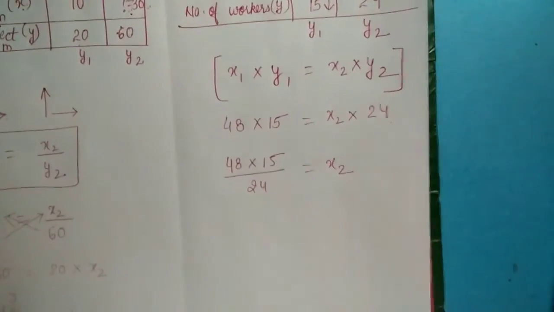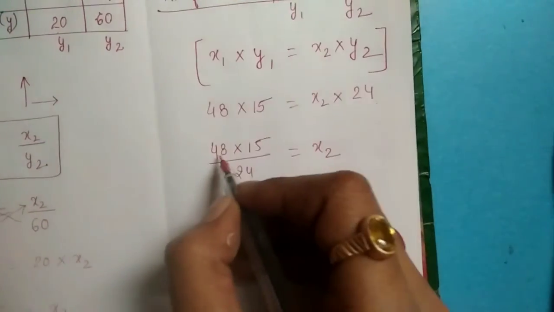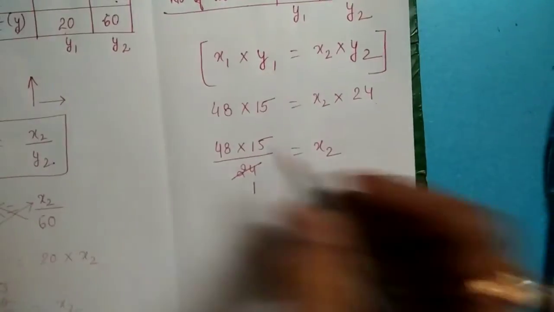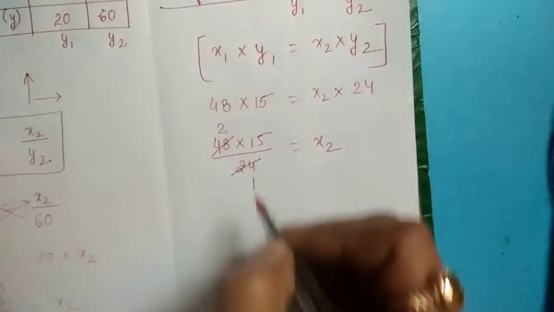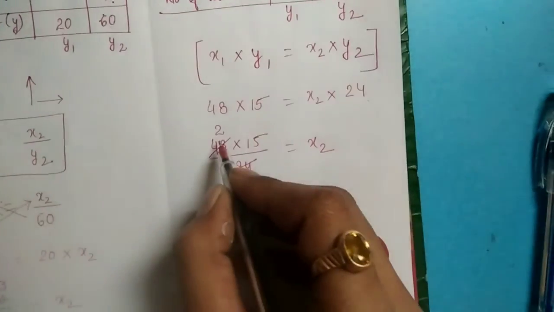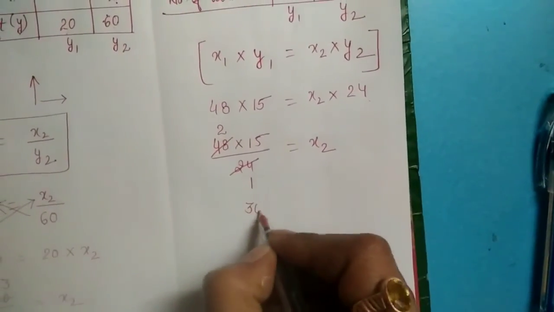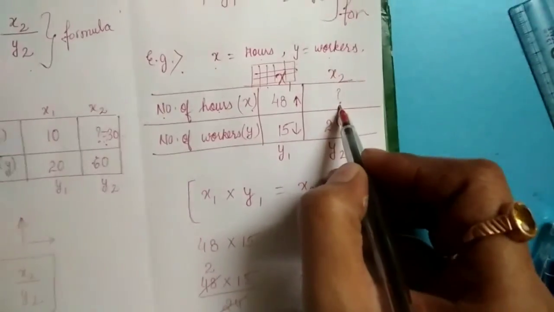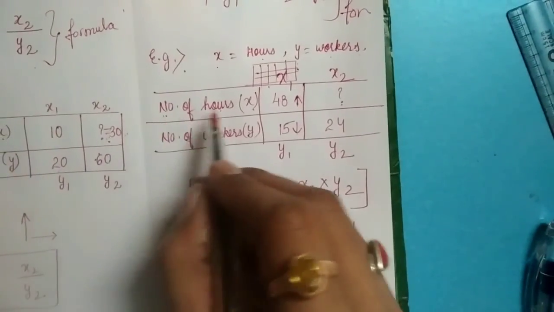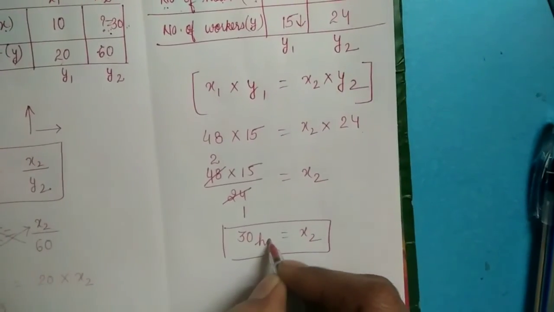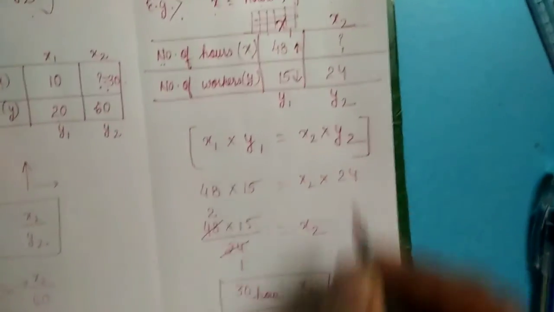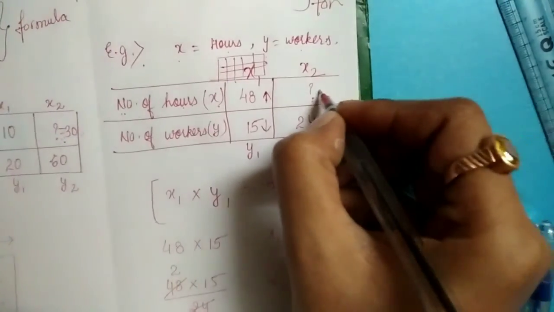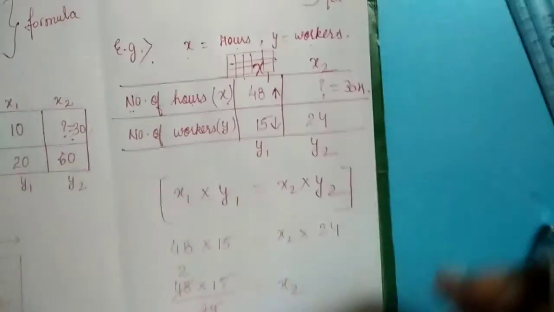When we reduce 24 and 48 with each other, 24 ones are 24 and 24 twos are 48, and 2 into 15 is 30, which is equal to x2, and x2 is the number of hours. So 24 workers can complete the wall making in 30 hours.